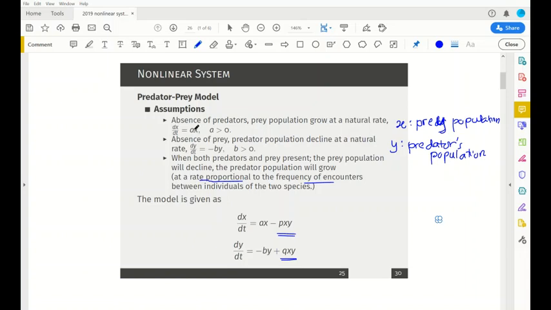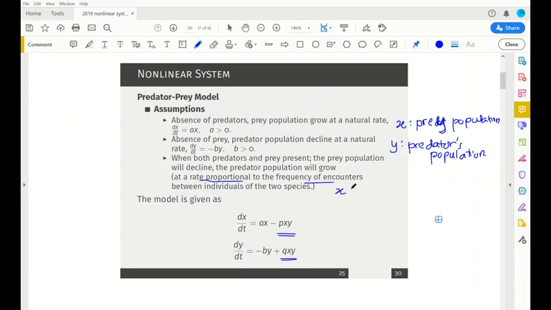In the absence of the predators, the prey manage to grow naturally, so we have an ax term. And then the last term in the first equation is from the last assumption. We have negative pxy.